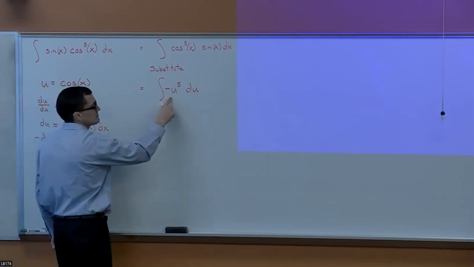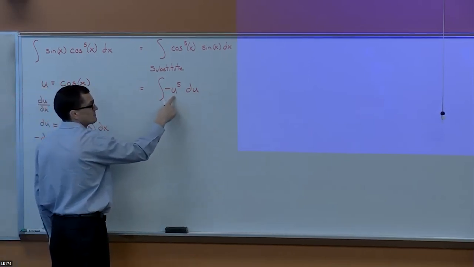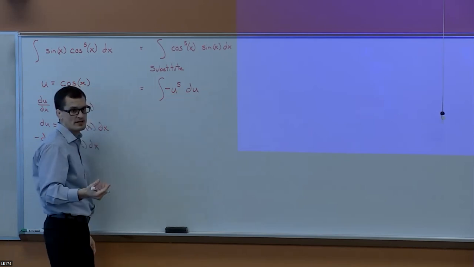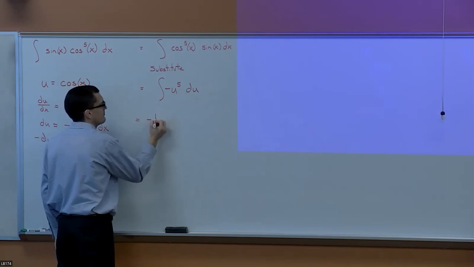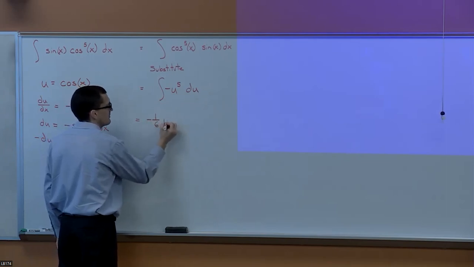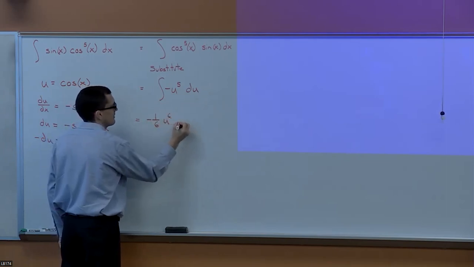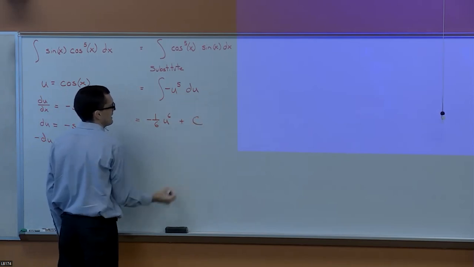Now, this is just variable to a power integration. So we can integrate and get negative 1/6 u to the sixth plus any constant.